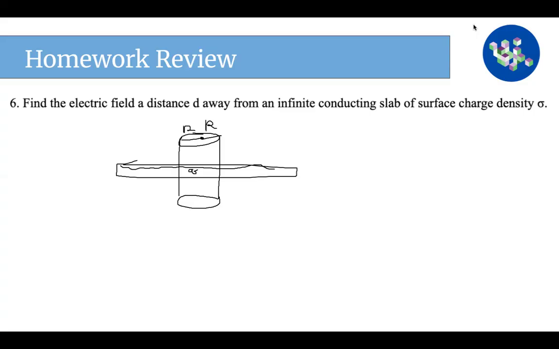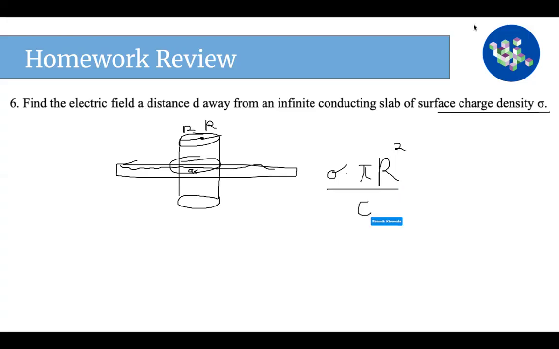Anybody? Okay, that's fine. We know the surface charge density is sigma. So sigma times this area will give us our Q inside. That area is simply pi r squared. So that's the charge there.